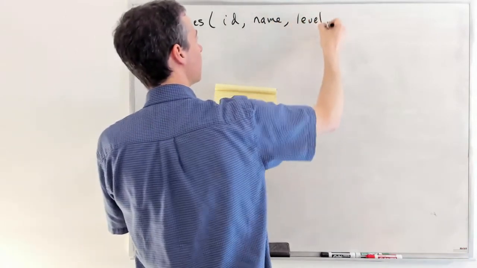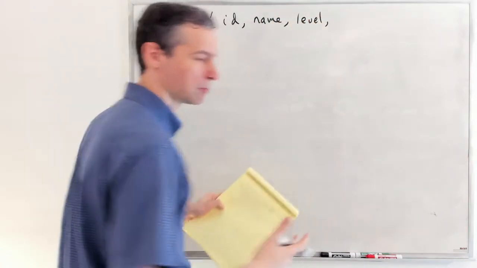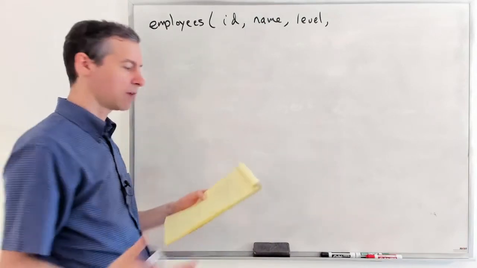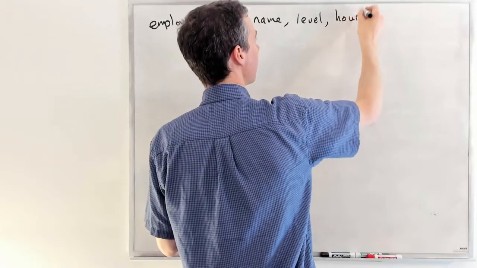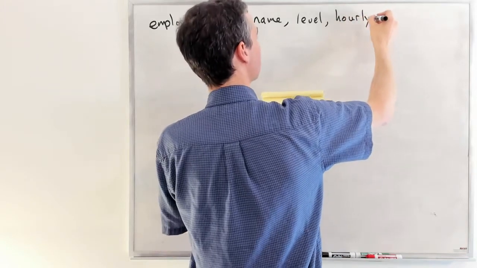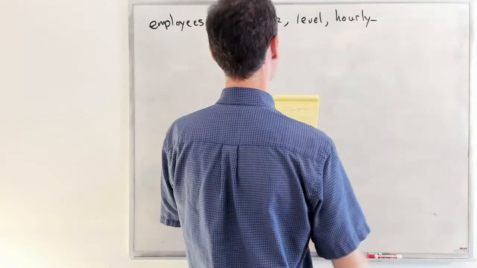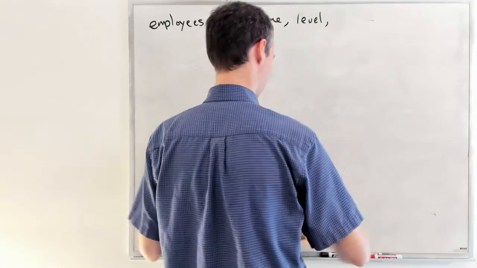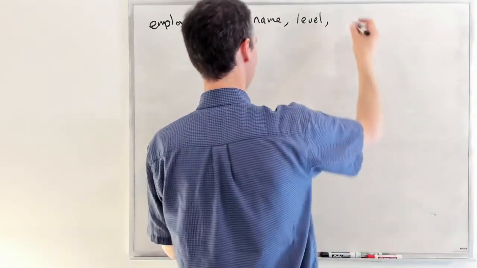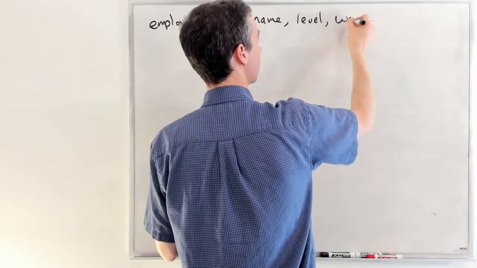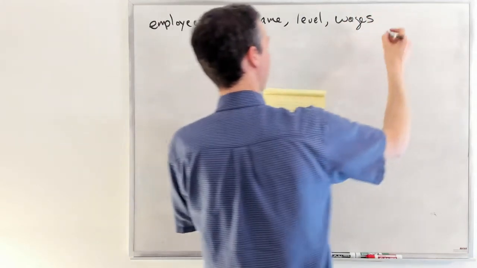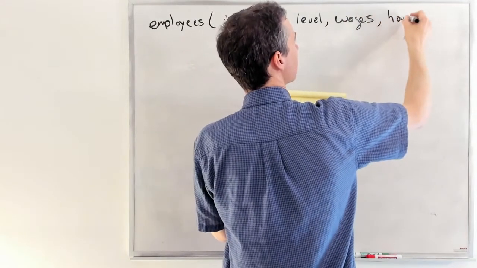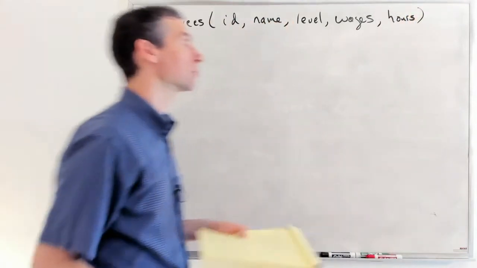They have some level. This is assigned to them that, oh, you work at this level in the company. For a given level, they have wages. I'm going to make it just wages, so I don't have to write as much, but you can think of it, this is how much we get paid per hour. And then, for example, how many hours a week does the person work?